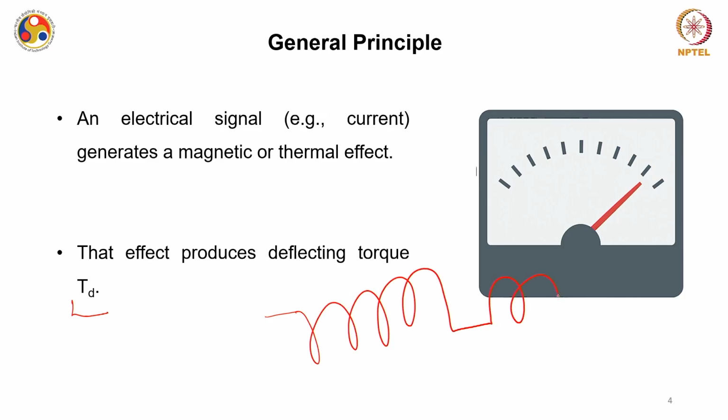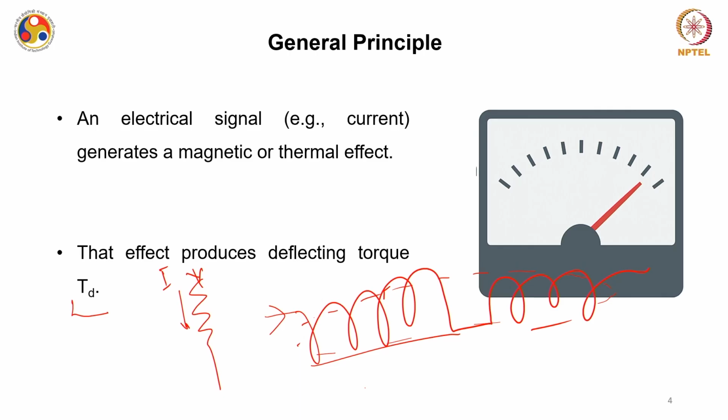If I pass a current through it, there will be magnetic lines of force extending to this coil. Or if I am not talking about the magnetic field, say for example I do not have any coil, I have only a resistor, and I am passing a current through it. When I pass this current through it, there will be certain heat generated, and this is what I am talking about, the thermal effect.